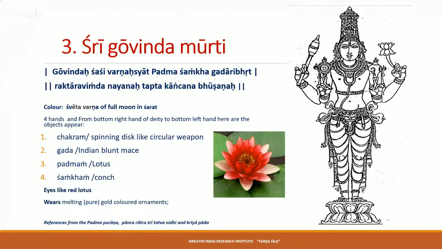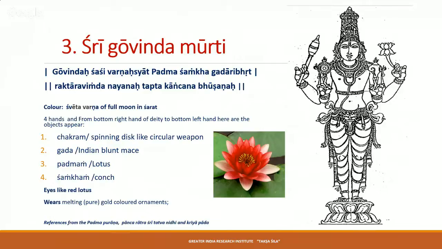This Chaturbhuja has the following objects: the chakram in the bottom right hand, and the gada in the top right hand. That is the Dakshina Parahasta.